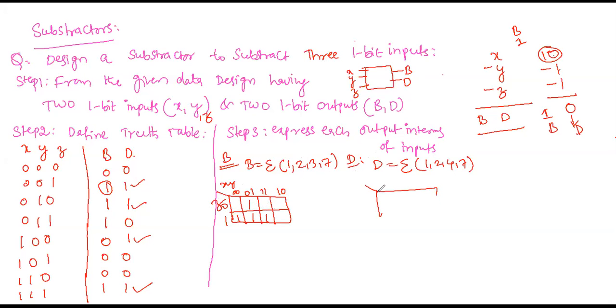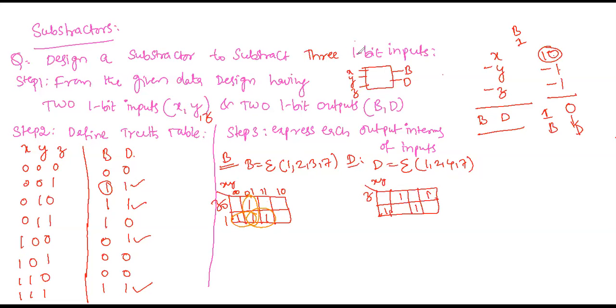Here also the same thing: 1, 2, 4, 7. Now group. If you form the grouping, these two will be one group, these two will be one group, these two will be one group.